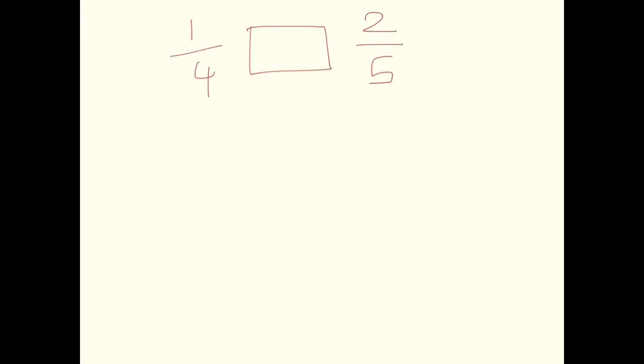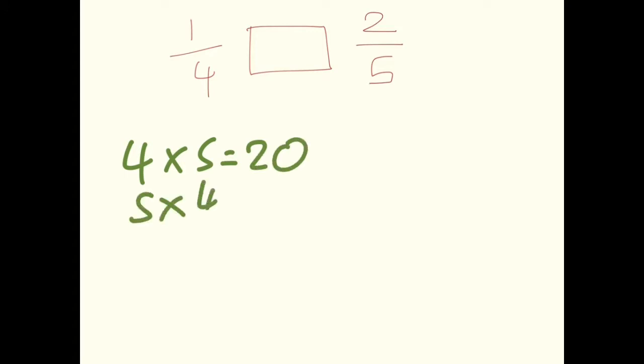What times table do we know is in the 4s and 5s? A nice easy way would be to count up in 4s and in 5s. But I know that 4 times 5 gives me 20, and 5 times 4 also gives me 20. So we can multiply this side by 5 and this side by 4.